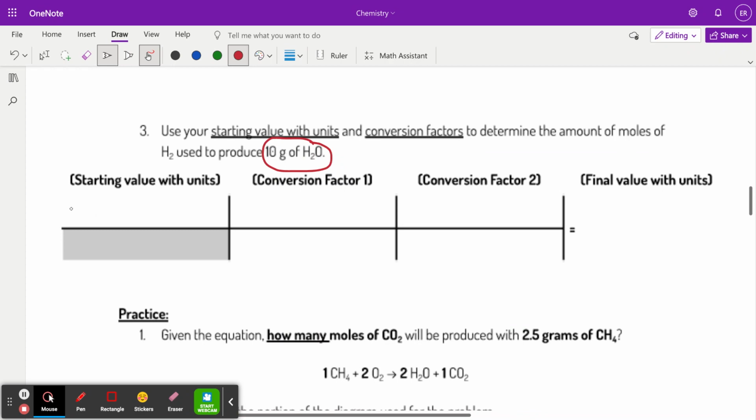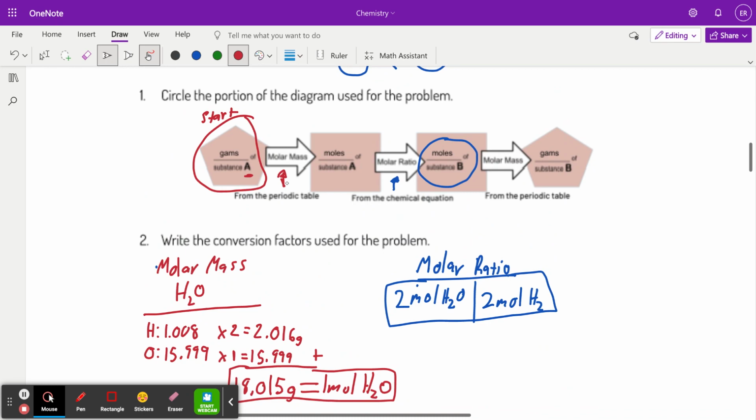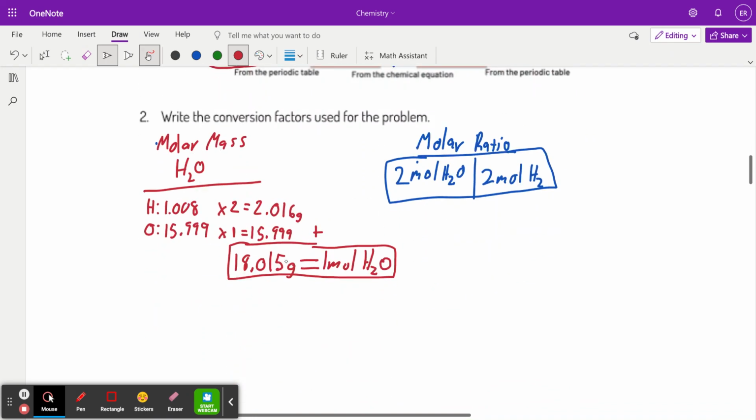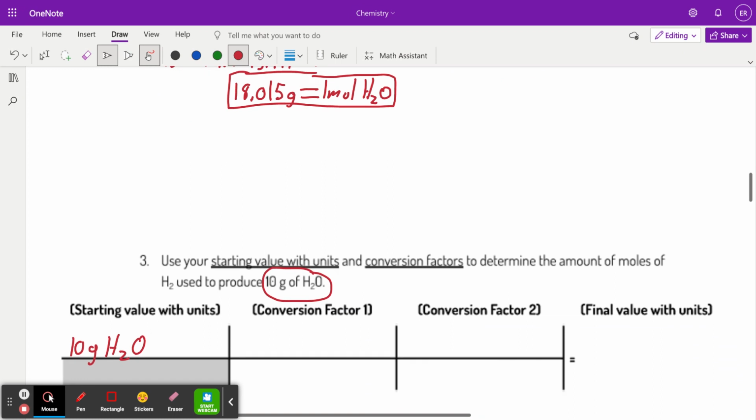So let's go ahead and put that down: 10 grams of H2O. Now conversion factor number 1, if we look up, is our molar mass. The molar mass that we found for H2O is the first one we're going to put down.